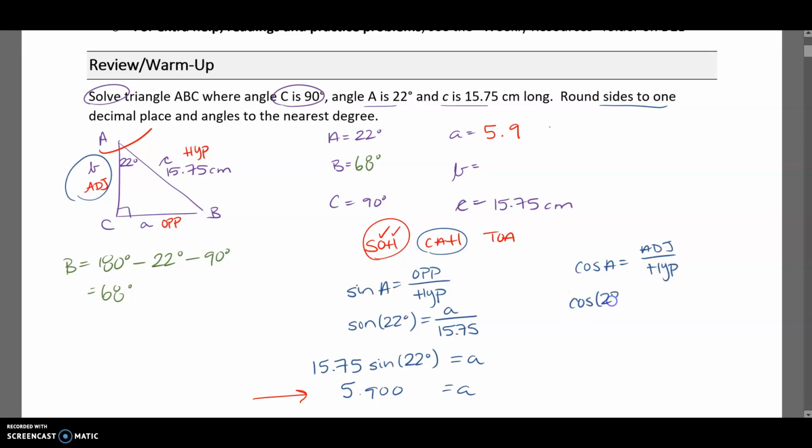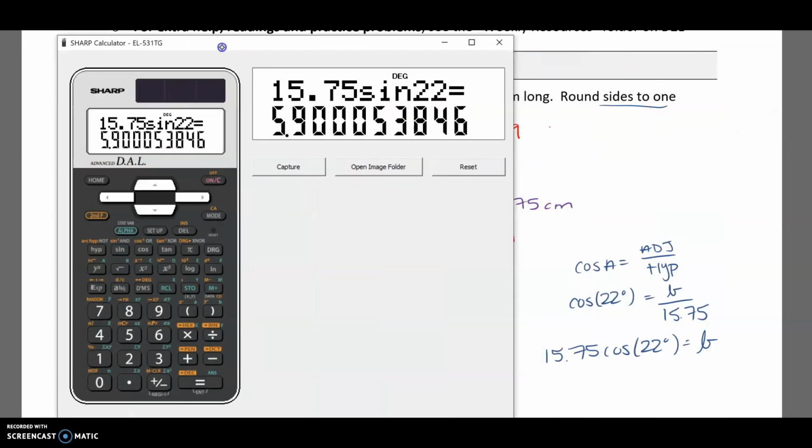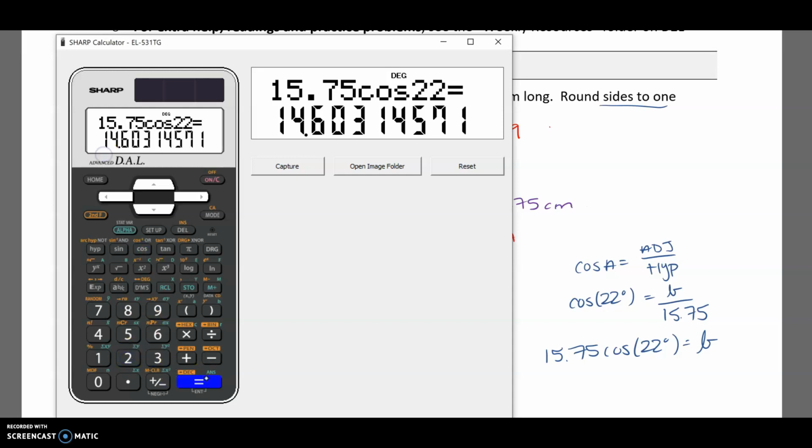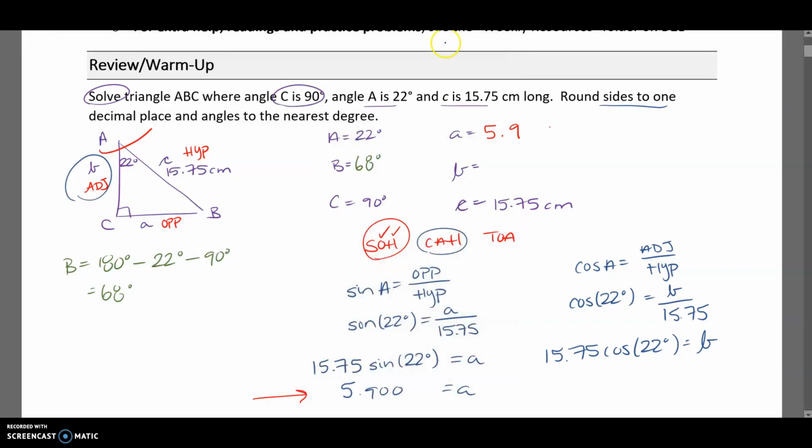So cos of 22 degrees will be side B over 15.75. I multiply by 15.75 to move it to the other side. And then I can calculate for B. So 15.75 times cos of 22 degrees is 14.603.